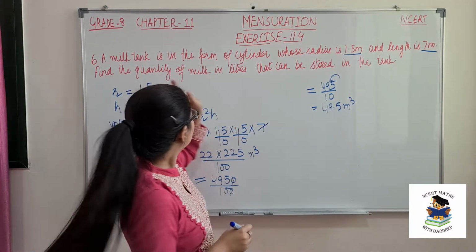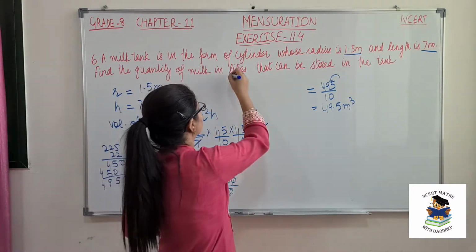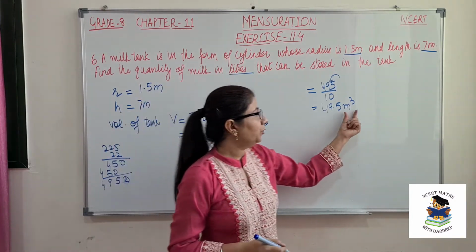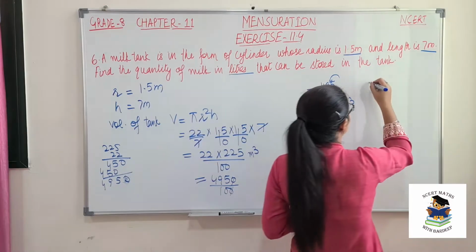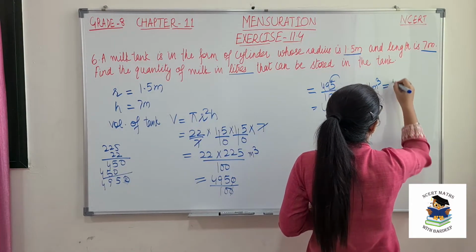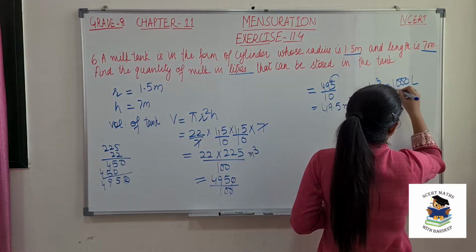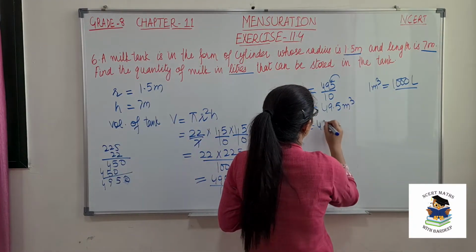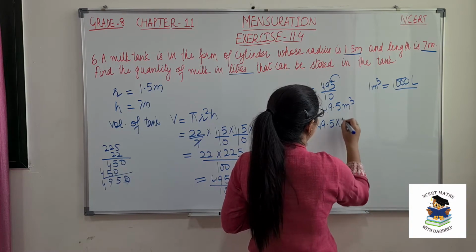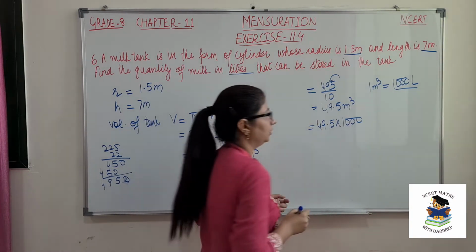They have asked us find the quantity of milk in liters. Okay, so we have to convert this meter cube into liters first. So what is conversion? 1 meter cube is equal to 1000 liters. Okay, so we will multiply this 49.5 into 1000.